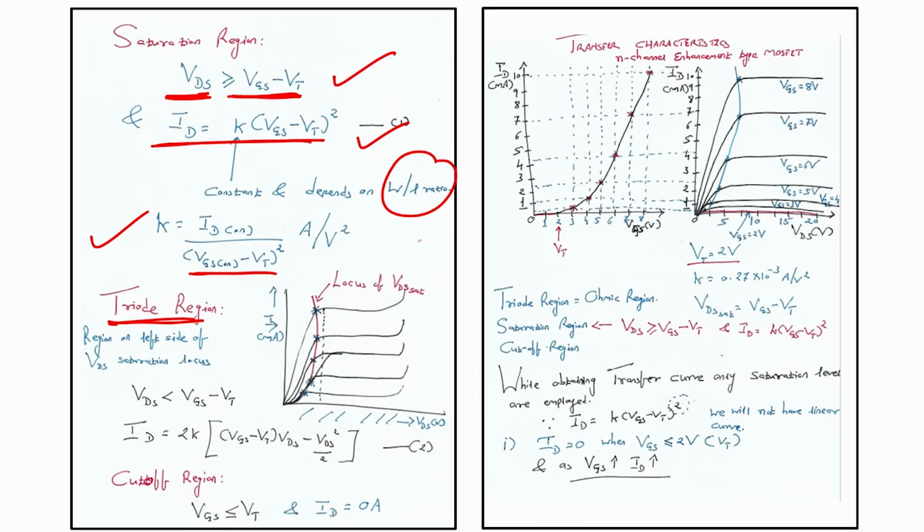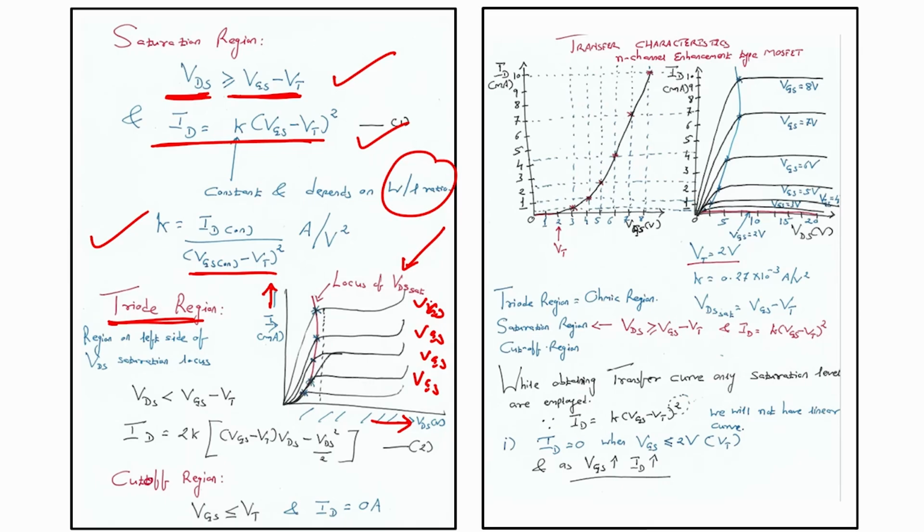If you consider this particular graph, what do you see? Voltage VDS versus current ID. What we see is that it keeps on increasing, and for different values of VGS you can see different current.